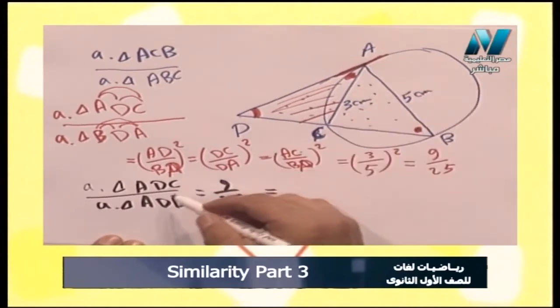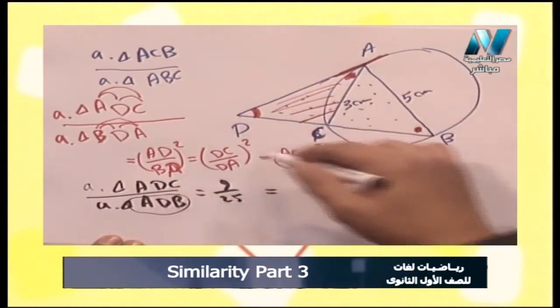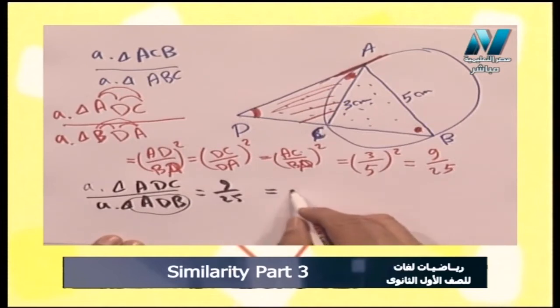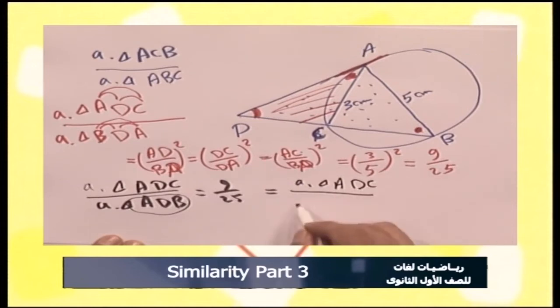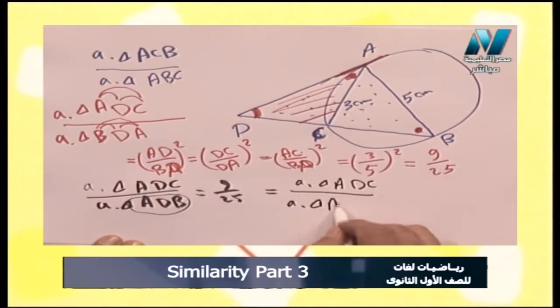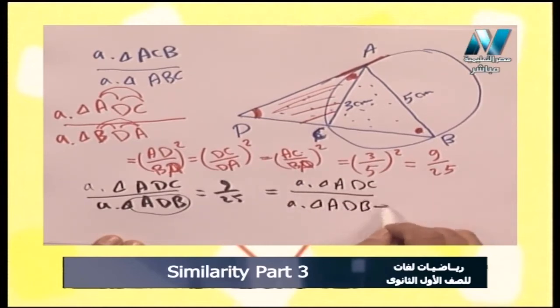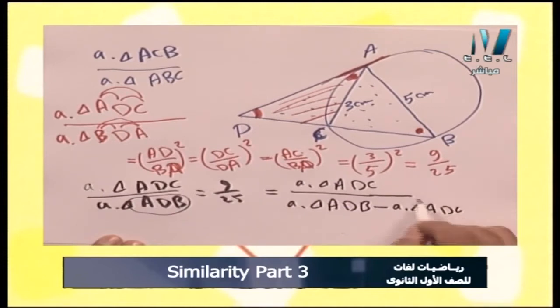But we have in the denominator here all triangle. The solution will be area of triangle ADC over area of triangle ADB minus the area of this triangle, which is area of triangle ADC.